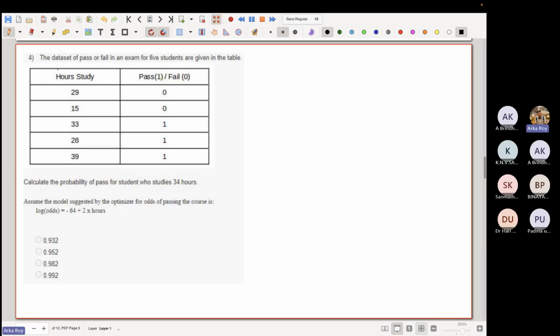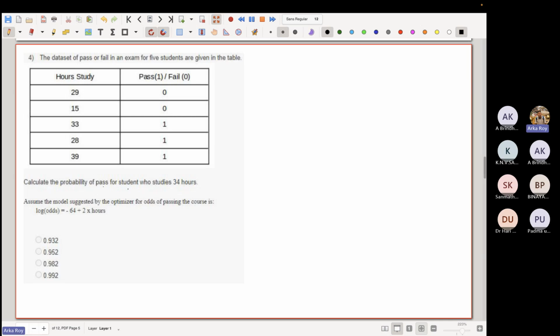The next question states that the data set of pass and fail for 5 students is given in the table. They have represented that for 29 hours of study, the result is fail, for 15 hours of study, the result is fail, and so on for the next observations. Now, calculate the probability of pass for a student who studies for 34 hours.